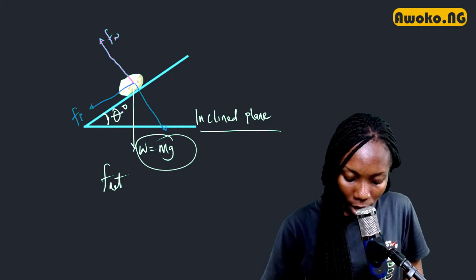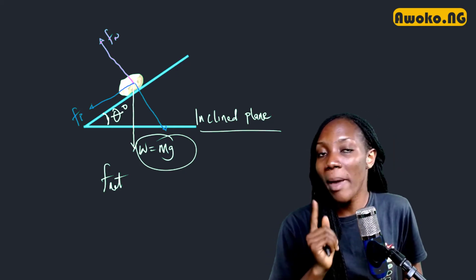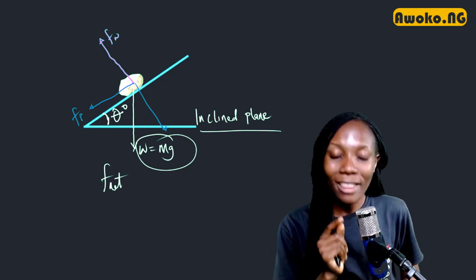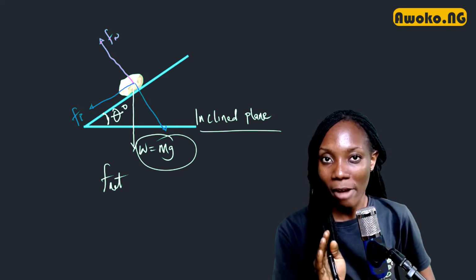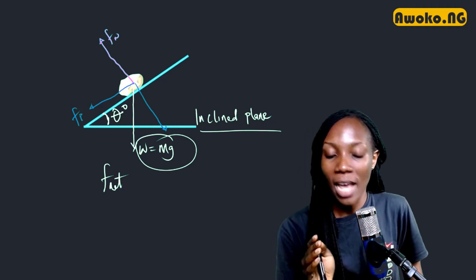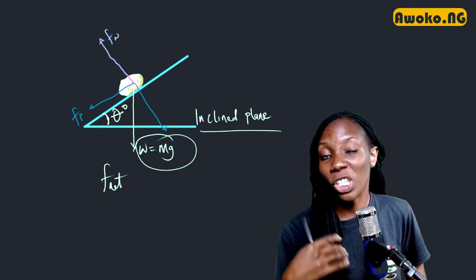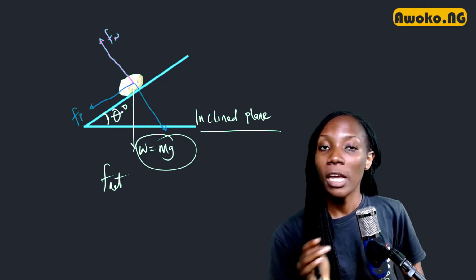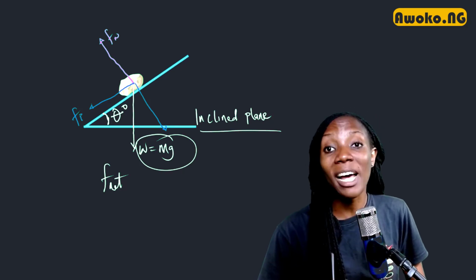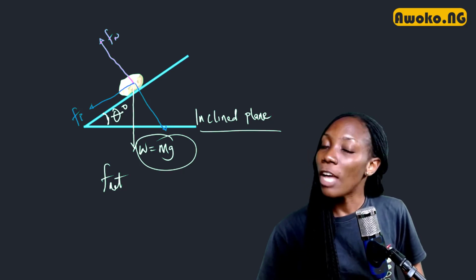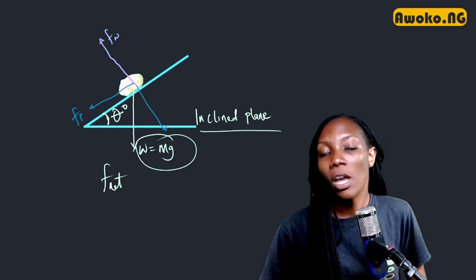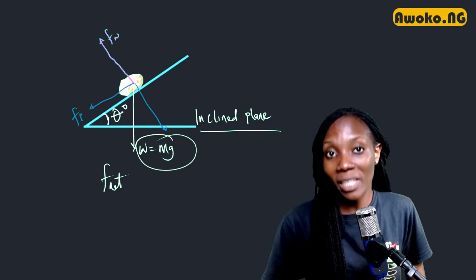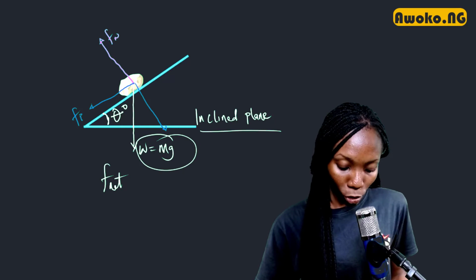Remember now, we said the normal force is perpendicular to the inclined plane. This other component of force, which is the perpendicular component, is also perpendicular to the inclined surface. And so we can either use F perpendicular, or we can simply say F normal.